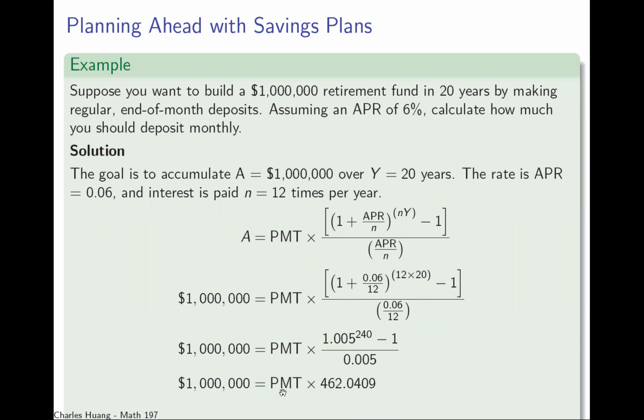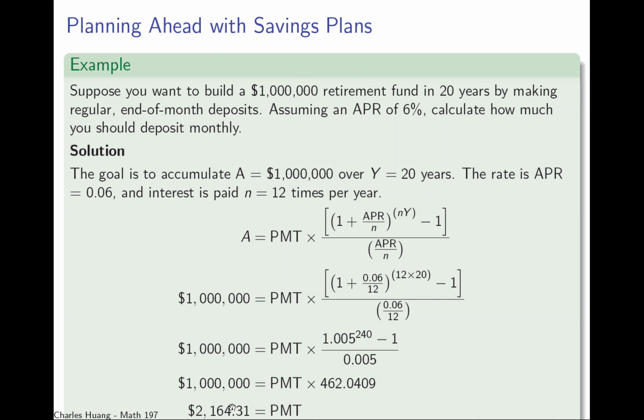Once I do that, I will be able to find the payment by itself. What I need to do is divide both sides by this 462.0409. So we're going to divide it by that on both sides, and that will give us our payment. In this case, $1 million divided by 462.0409 is about 2,164.